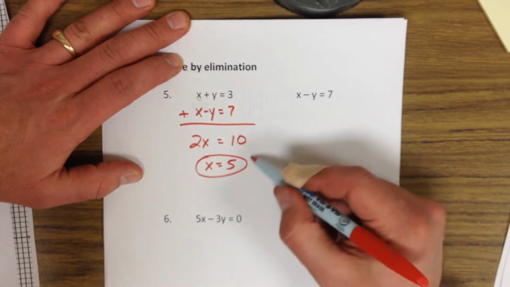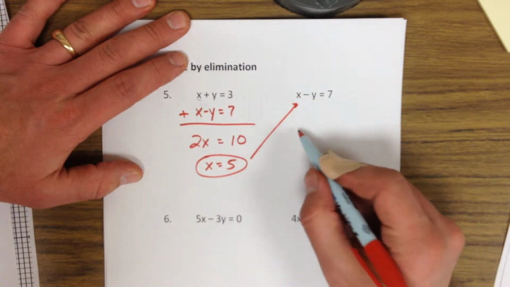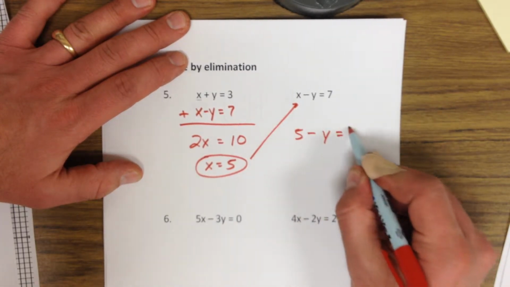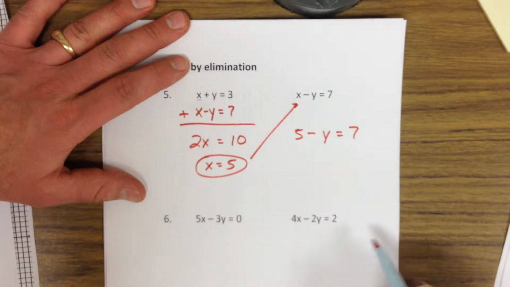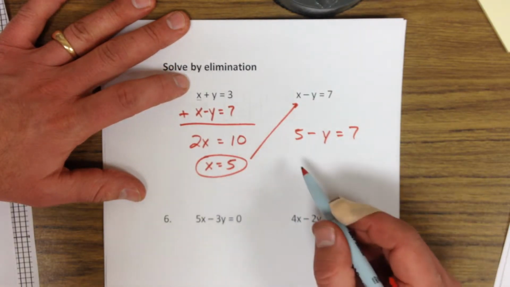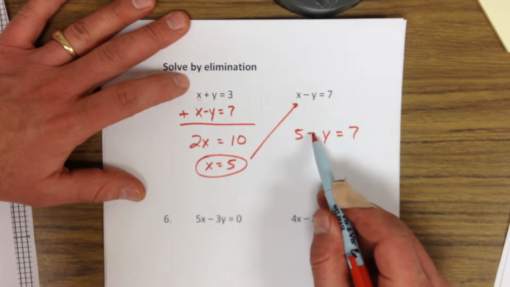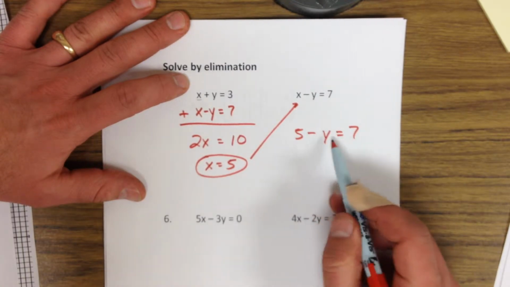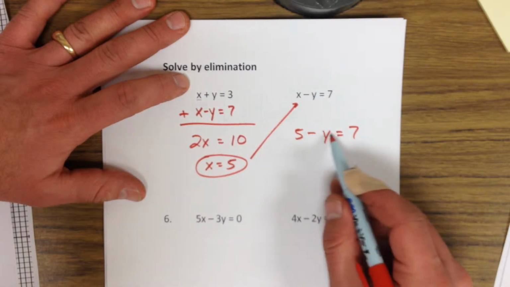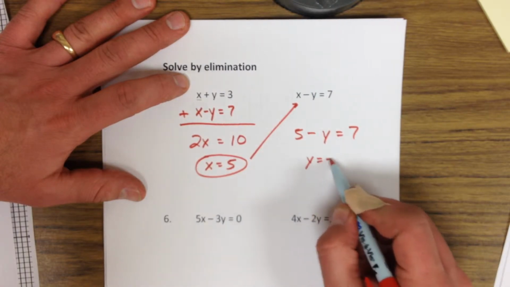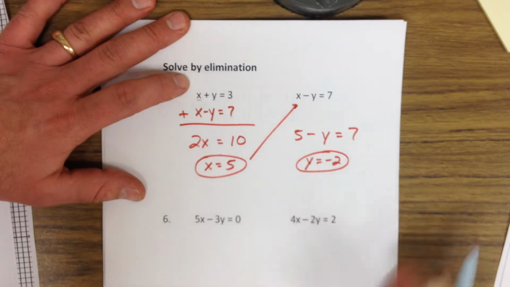If I plug that into one of these equations, I get 5 minus y equals 7. And this one's a little bit harder to think about, but 5 plus 2 makes 7. So how would I make that basically a 2? I need to plug in negative 2 for y, if you think about it.